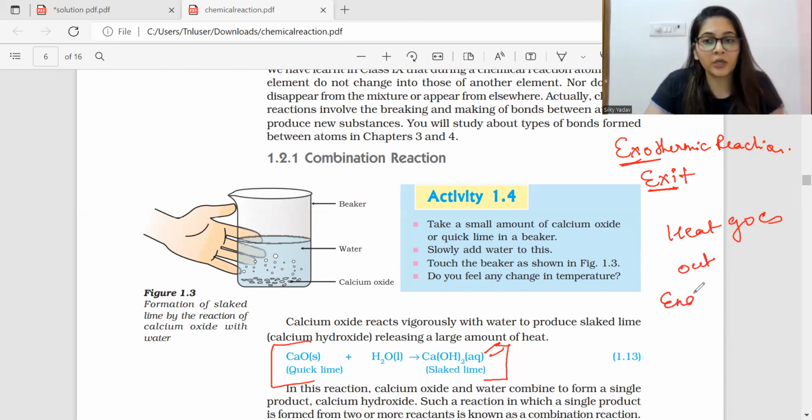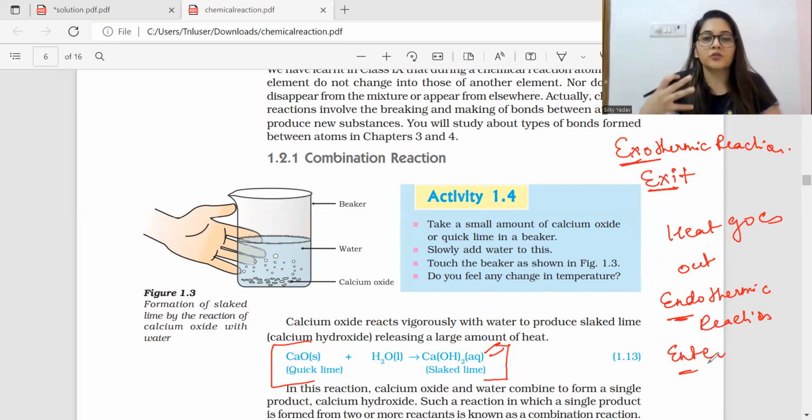And if you talk about endothermic reactions, we'll be talking about both types of reactions later also. Endothermic, enter. Okay, enter. So when the heat is going to enter, that means you're using the heat, that is endothermic reactions. But when the heat is moving out, that is exothermic reactions. I hope that's clear to everyone.